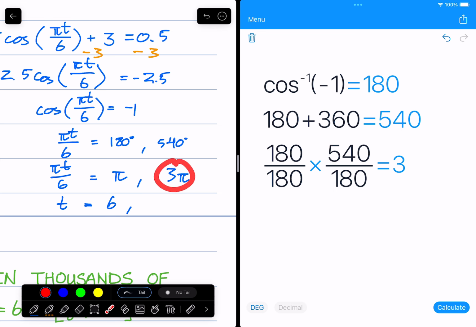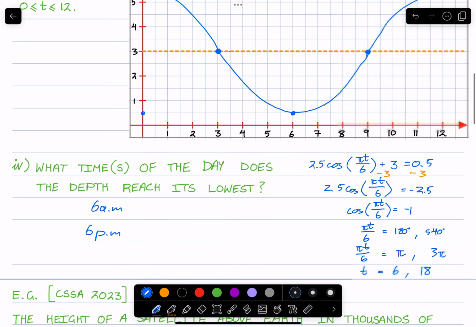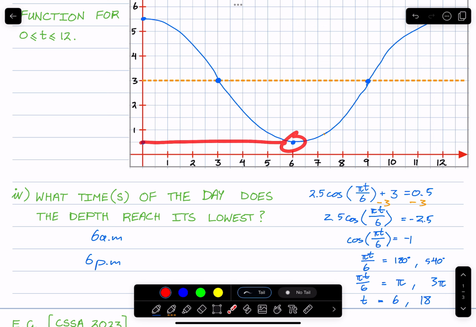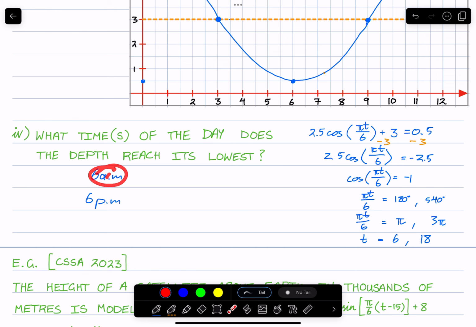Likewise with 3 pi, 3 pi times 6 gets us 18 pi, but then we divide out by pi, we get 18. So at t equals 6 and t equals 18, you will get this height of 0.5, which corresponds to 6 a.m. and 1800, which is 6 p.m.